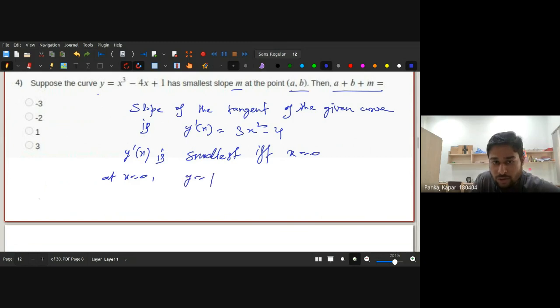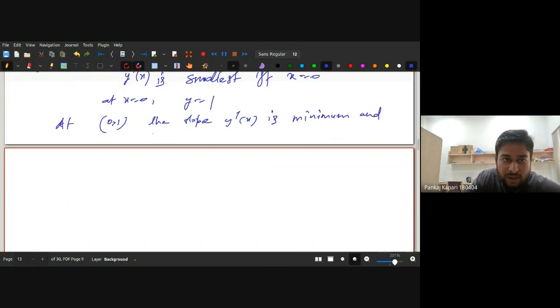Y is equal to 1. So this is our point a comma b. So at 0 comma 1, the slope, that is y prime x, is minimum, and that minimum value, so what is the minimum value?